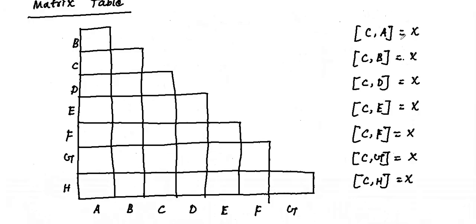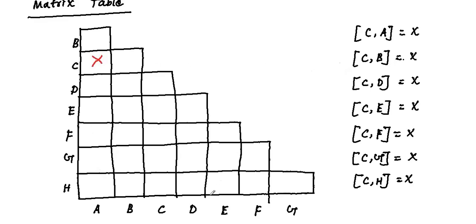Here CA cross mark, CB cross mark, CD cross mark, CE cross mark, CF cross mark, CG cross mark, CH cross mark. Then we have to complete all the steps in the given matrix. Look at the matrix table. CA, where is CA? Put a cross mark.